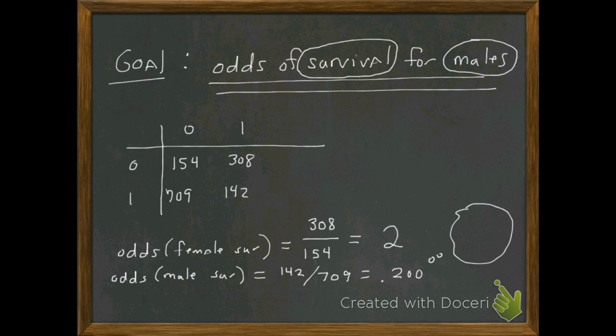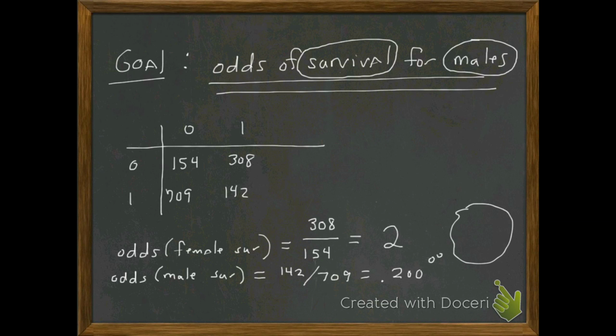To me, odds are tougher to visualize when you get something between 0 and 1. You can always force something bigger than 1 by taking the reciprocal. But keep in mind, instead of survival, we'd be looking at non-survival.